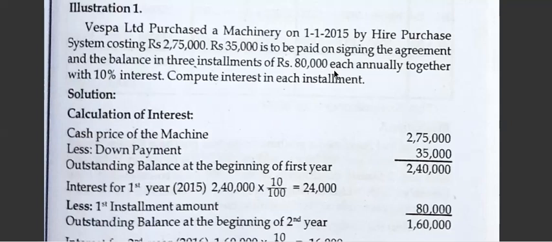So you have to use the second case, where cash price is given, rate of interest is given, installment is given, but interest is not included. How will you come to know interest is not included? See, 80,000 is one installment. If it is 3 installments, 80,000 into 3 gives 2,40,000. 2,40,000 plus 35,000 gives 2,75,000, which is equal to the cash price.